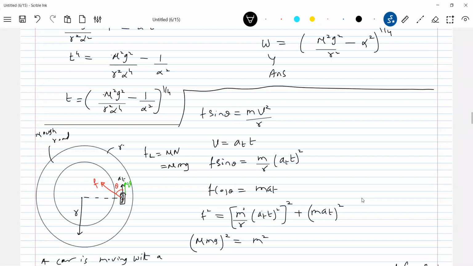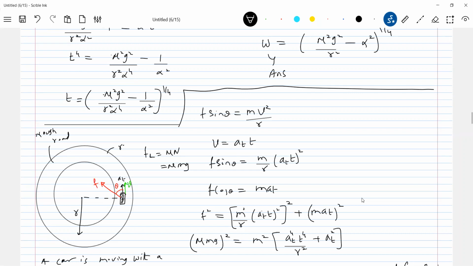m square will come outside. This will be a to the power of 4 t to the power of 4 by r square plus a square. So m square will get cancelled, and we'll get an expression for that t. That t, you substitute, and you'll get the maximum speed.